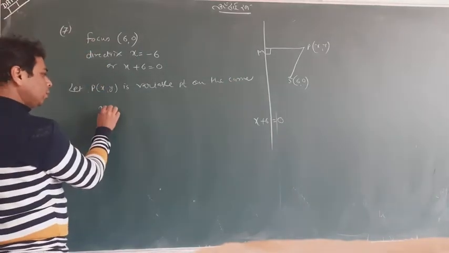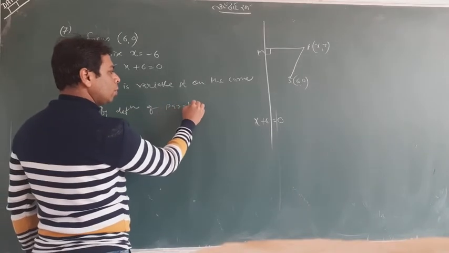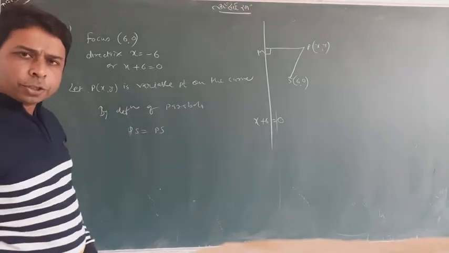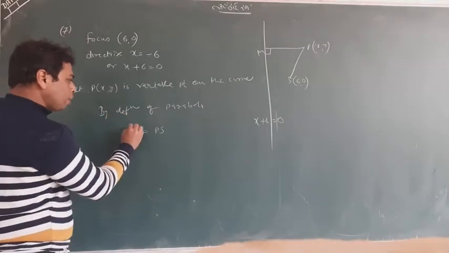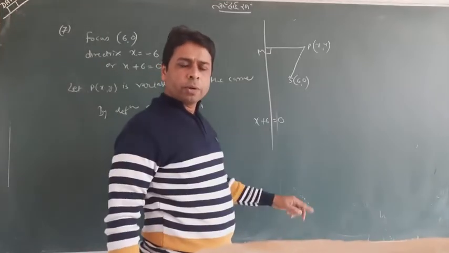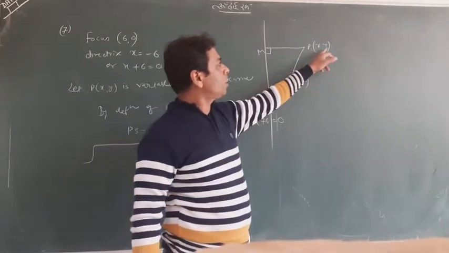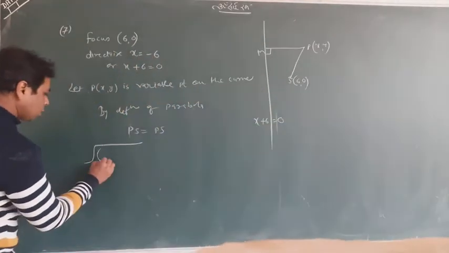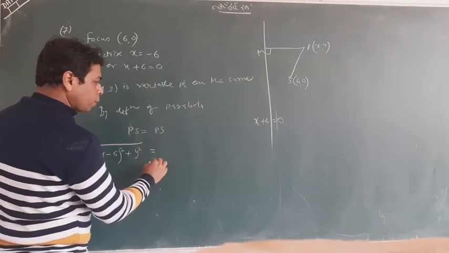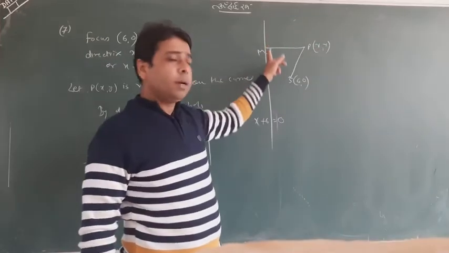So by the definition of the parabola, we will find PS equal to PM. PS means the distance from P to S, and PM means the perpendicular distance from P to the directrix. PS, by the distance formula, is the square root of (x minus 6) square plus (y minus 0) square. And PM is very interesting. PM is the perpendicular distance of P to the directrix.